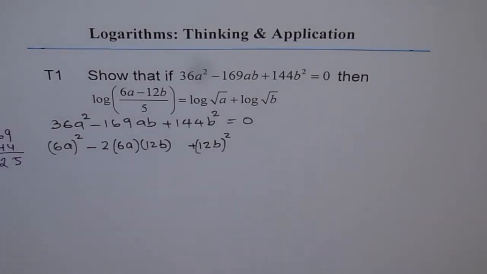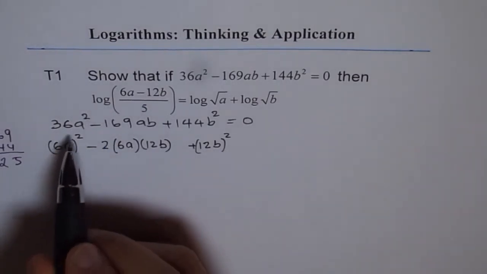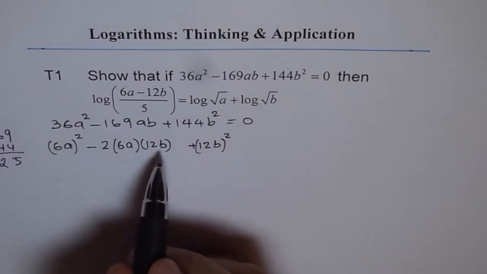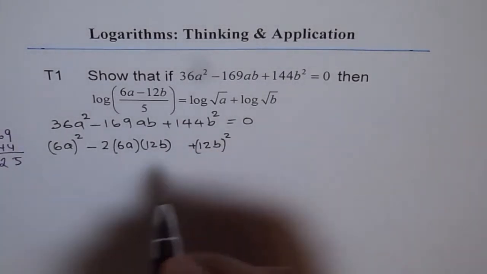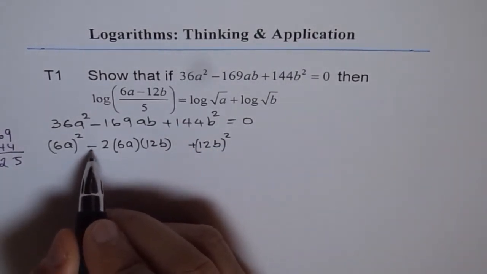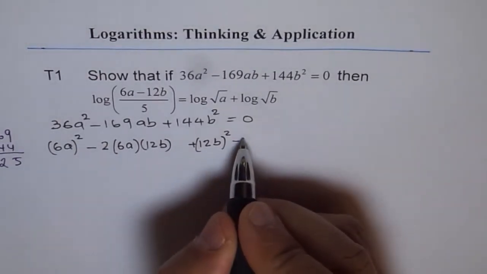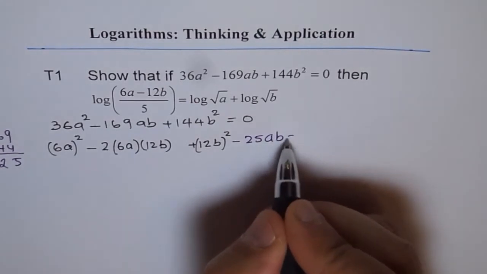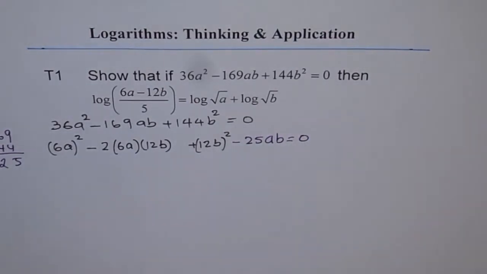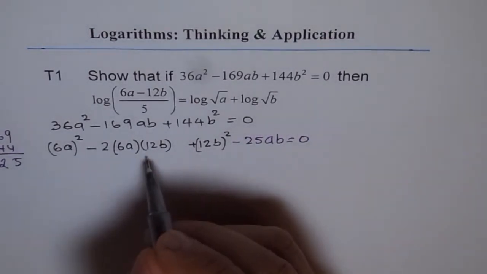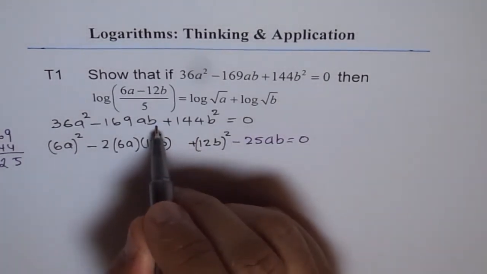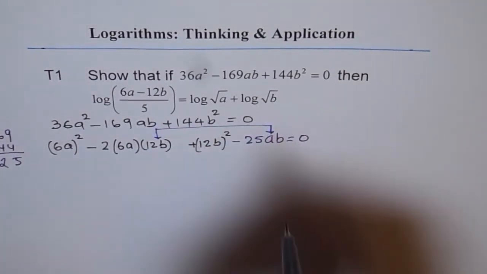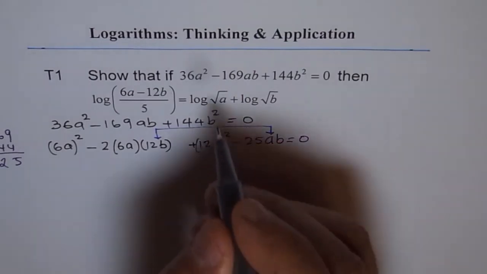So I can write this as (6a)² − 2(6a)(12b) + (12b)² − 25ab = 0. When I combine this and this, I get 169.